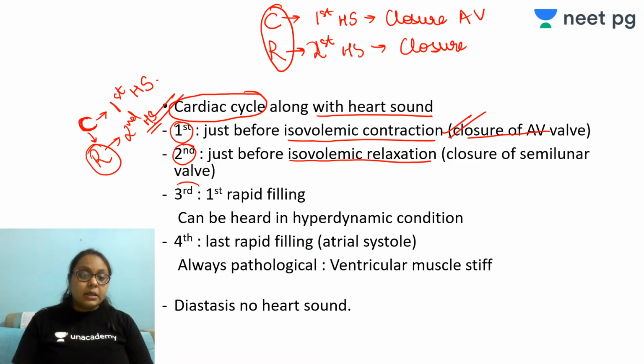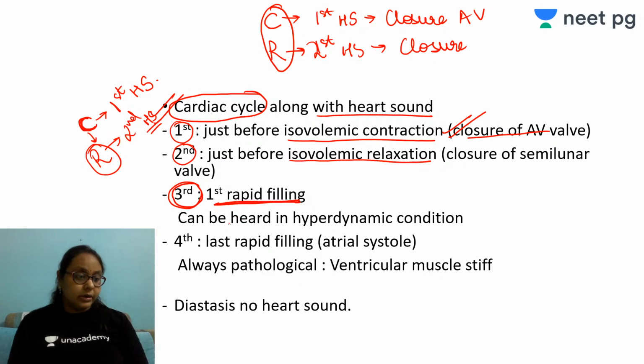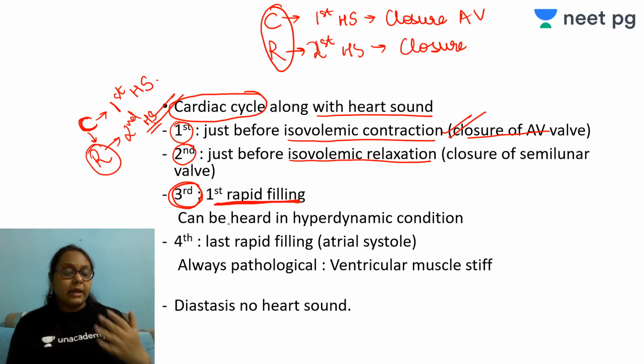Now the third heart sound is because of the first rapid filling of the ventricle. The third and the fourth heart sound are normally not heard. Mostly we just hear the first and the second heart sound.